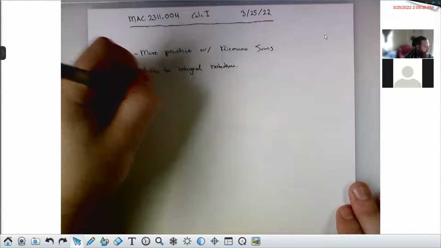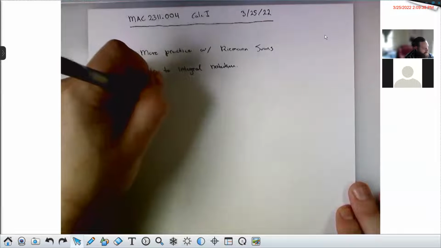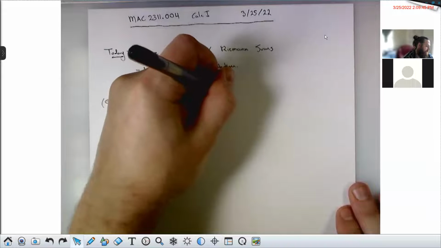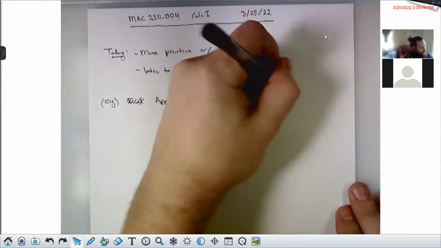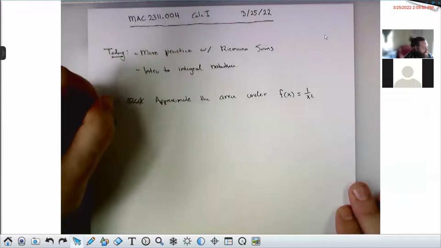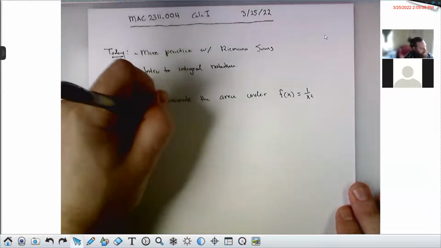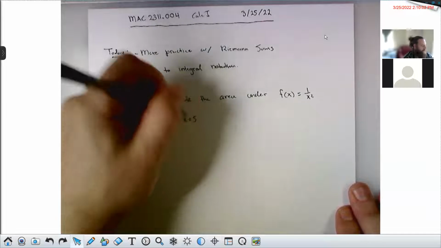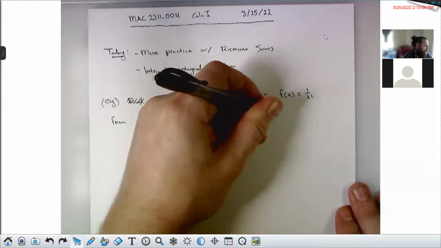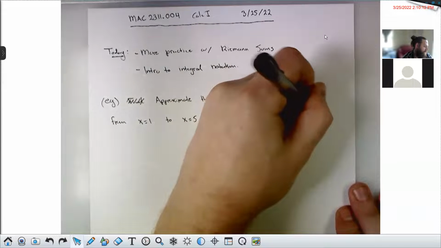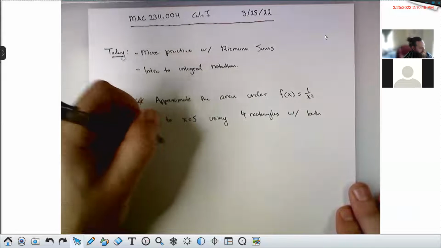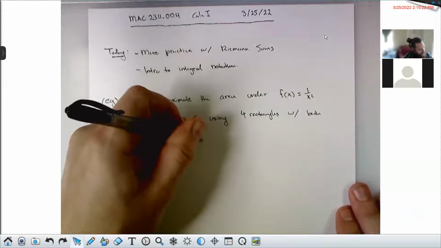Let's approximate the area under f of x equals 1 over x squared from x equals 1 to x equals 5, using 4 rectangles with both right and left endpoints.